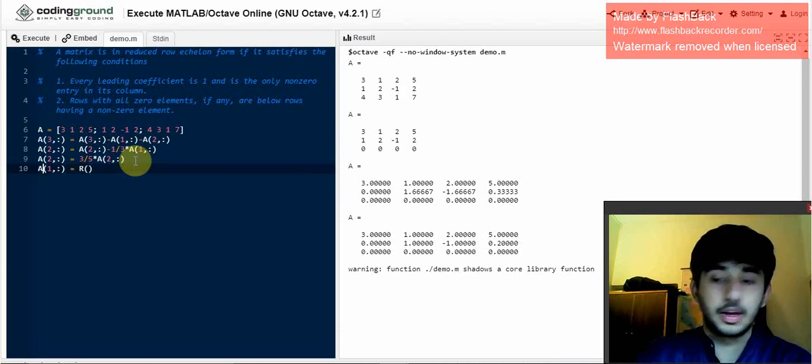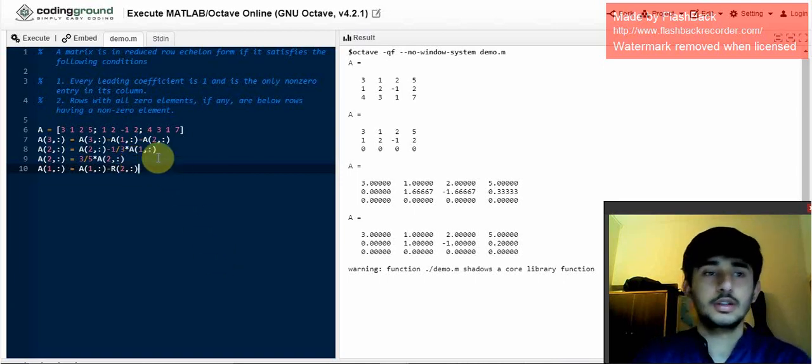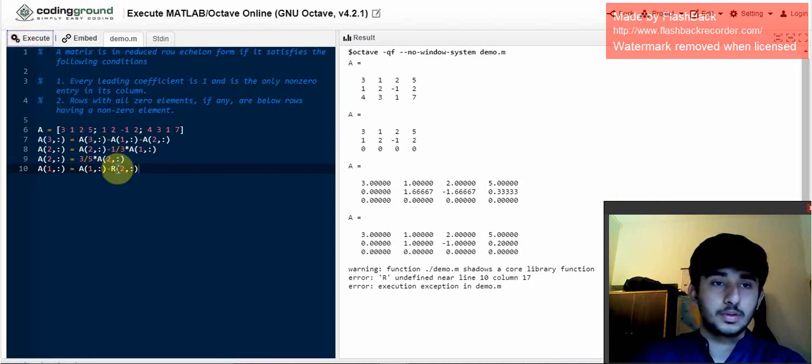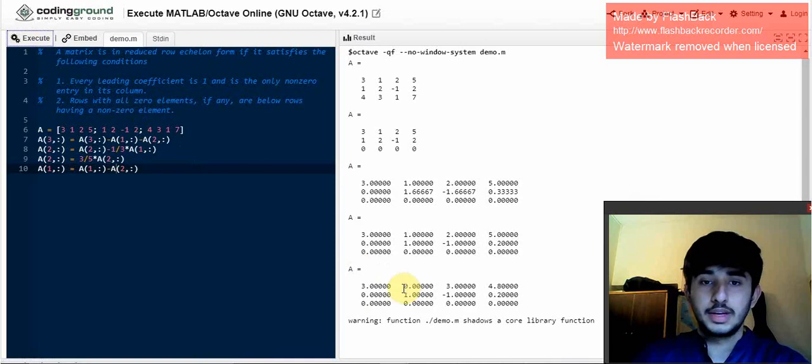It's supposed to be A. My bad, sorry. And that is a simple operation, row 1 minus row 2. Again I wrote R. Yes, so we get zeros over here, right?